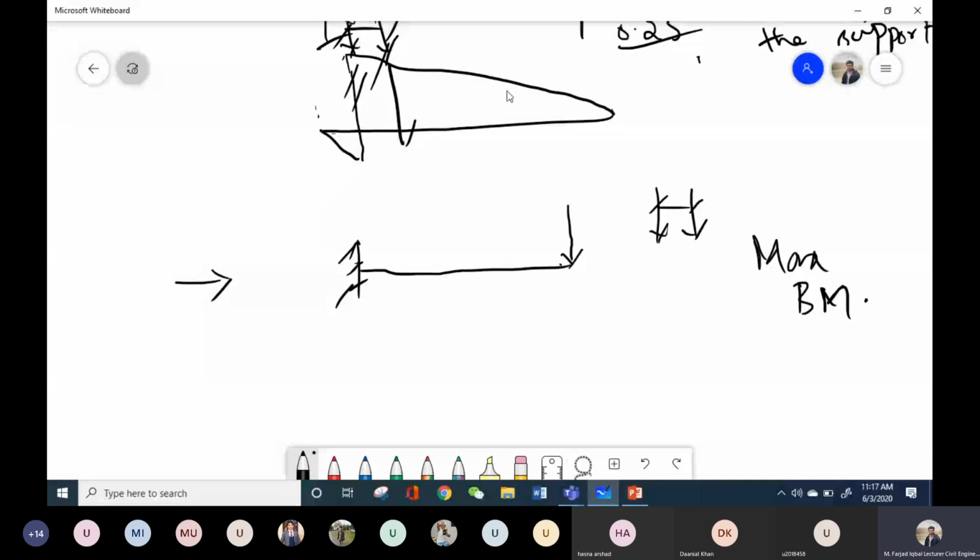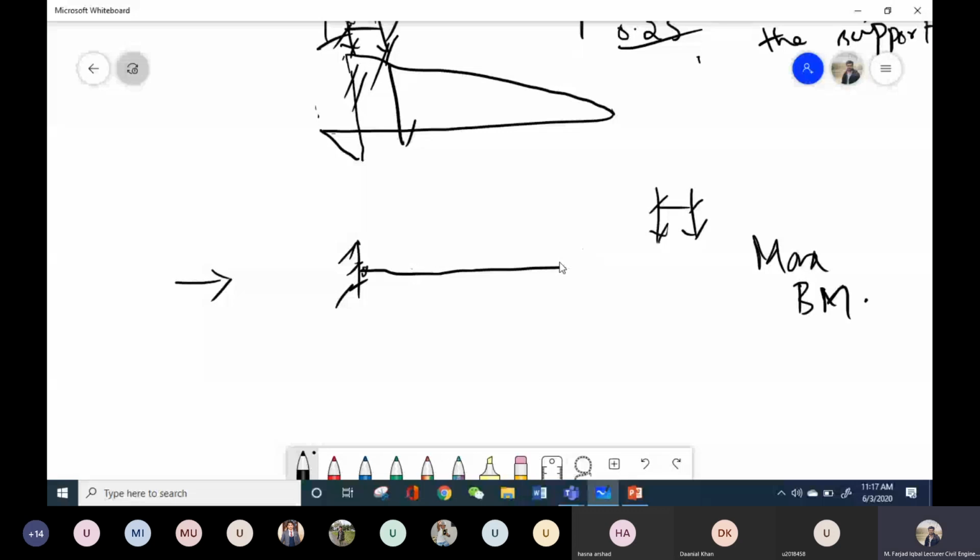Just similar to the shear force diagram, at a point just next to the support, we will have the maximum value of bending moment. And again, wherever I place my point load, I will get the maximum value of bending moment at the same point, the left point for this cantilever beam.